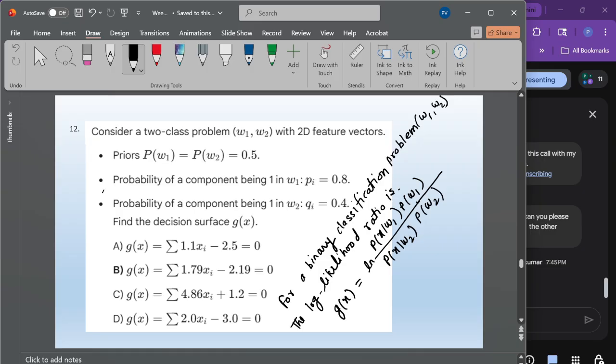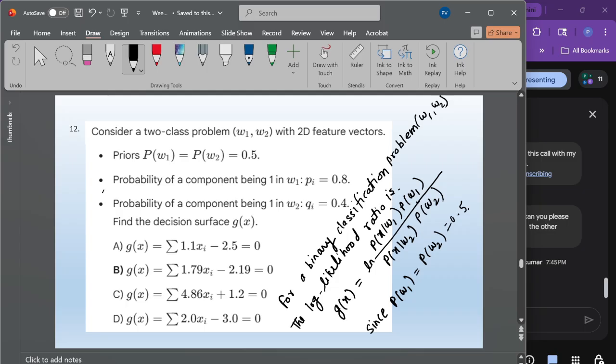Since the probability of omega 1 equals the probability of omega 2, which is 0.5, the prior term will cancel out.